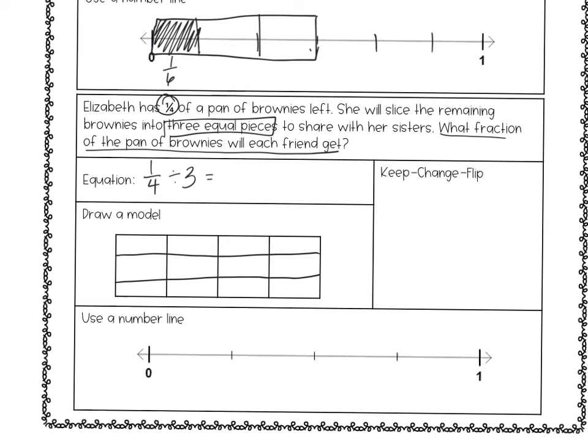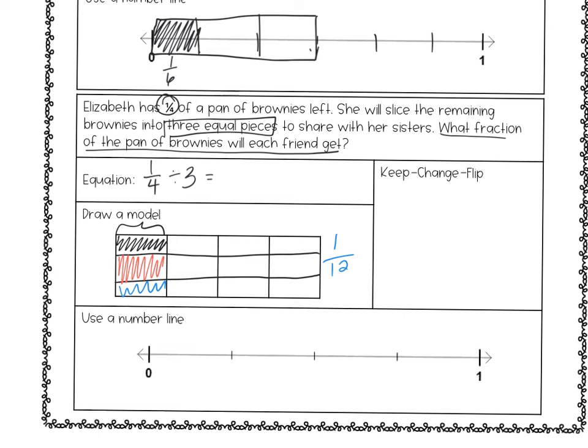And she has only 1/4 of this pan left, so she only has this much of the pan left. So how much does each person get? 1 for one sister, 1 for the other sister, and 1 for the other sister. And there would be 12 total pieces, but each person would just get 1/12.